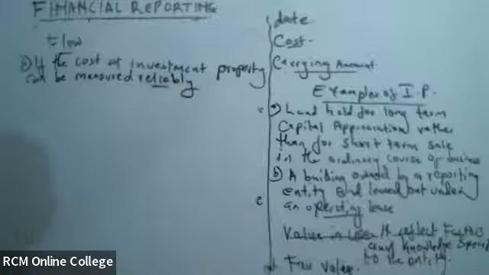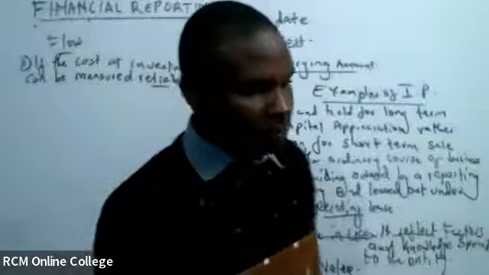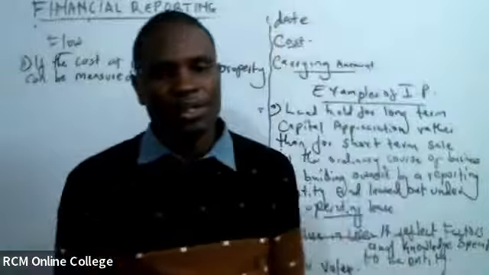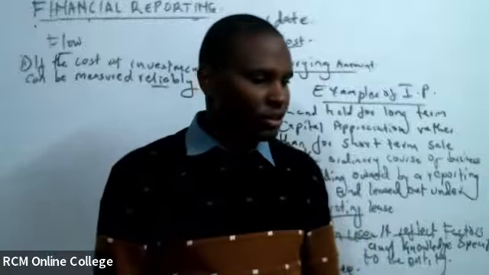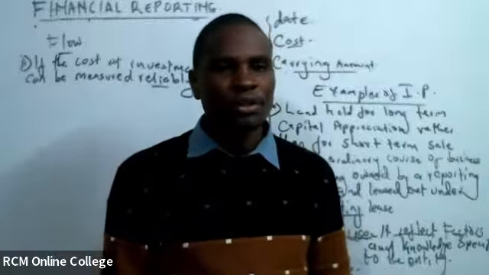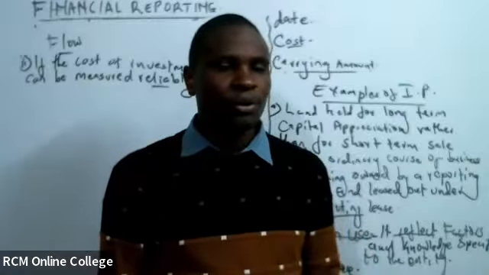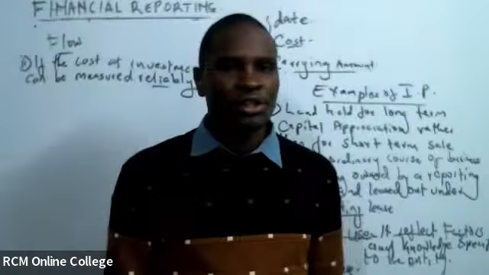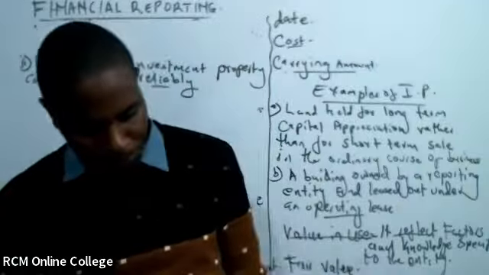If the cost of investment property can be measured reliably, then we say it is an asset. Being able to measure the cost guarantees the item to be called an asset.